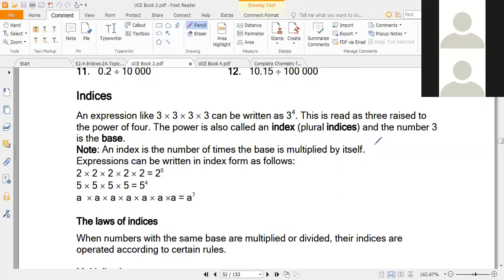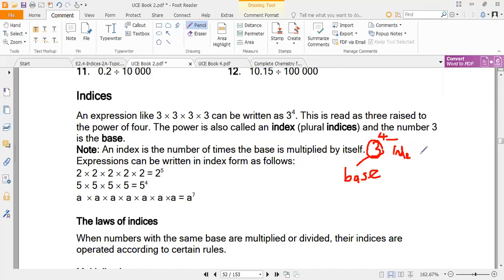So for example, if you have a number like 3 to the power 4, as we are given here, this 3 is what we call a base, and the power to which 3 is raised is what we shall be calling an index.